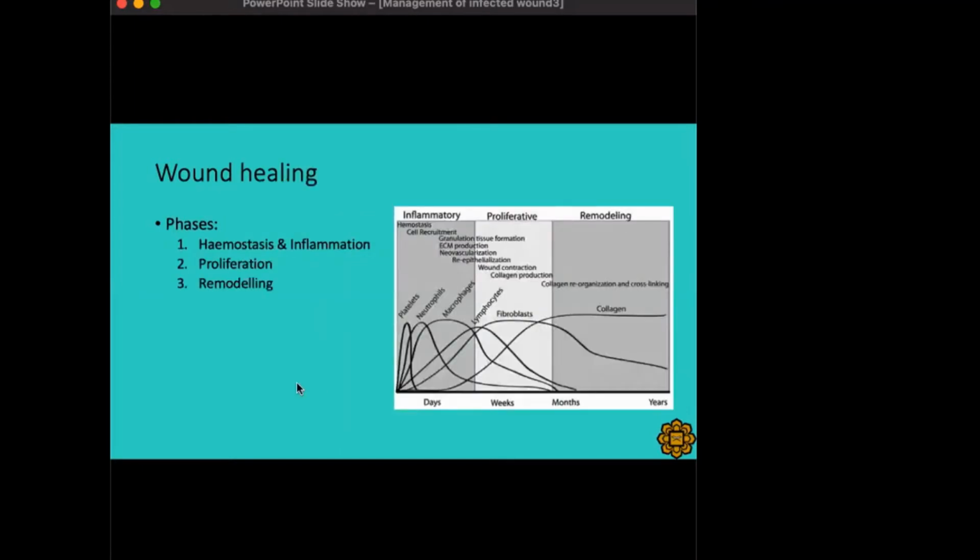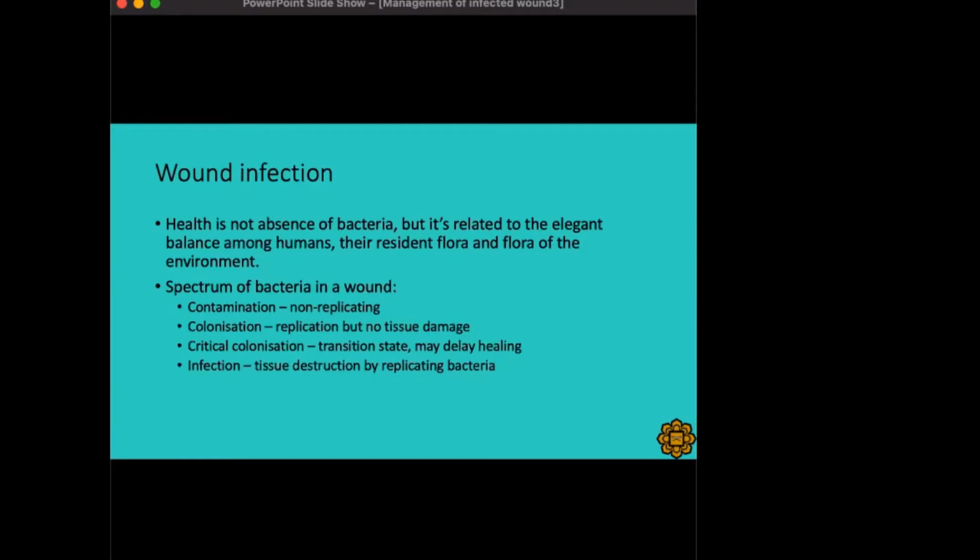Okay, we've been through the wound healing process before, so I don't need to repeat that. So what is wound infection? It's important to understand that health, or the absence of infection, is not actually the absence of bacteria, because bacteria are everywhere. It is that elegant balance among humans, the resident flora and the flora of the environment, which basically constitutes health.